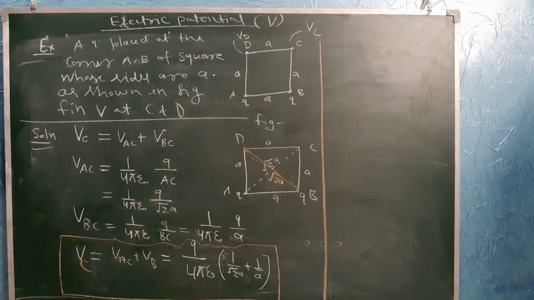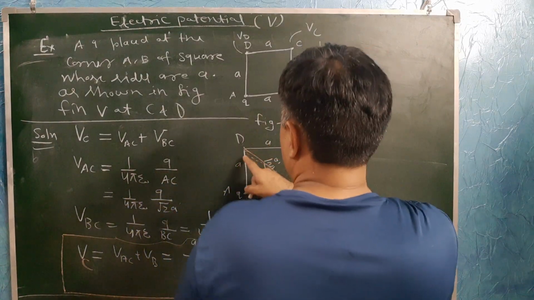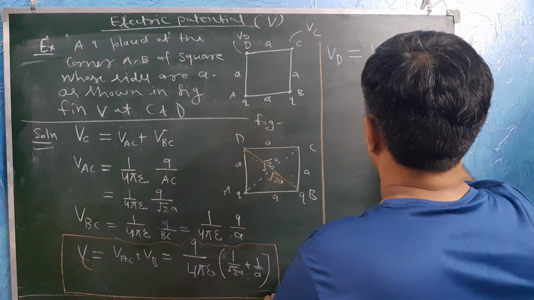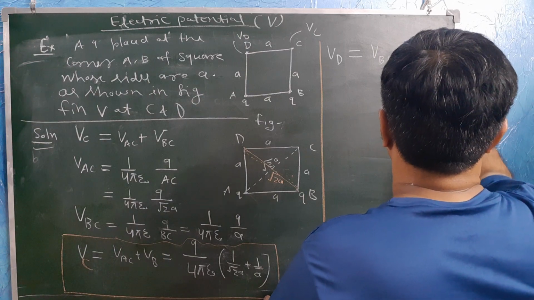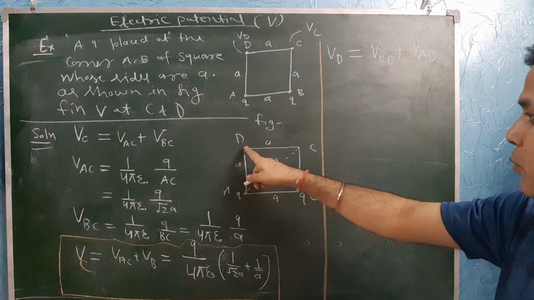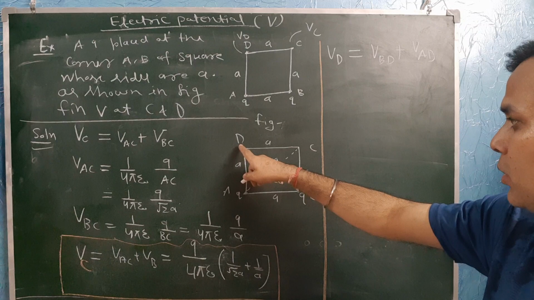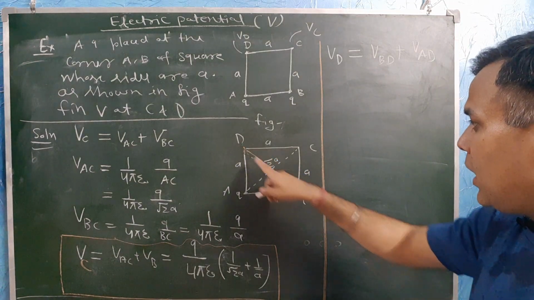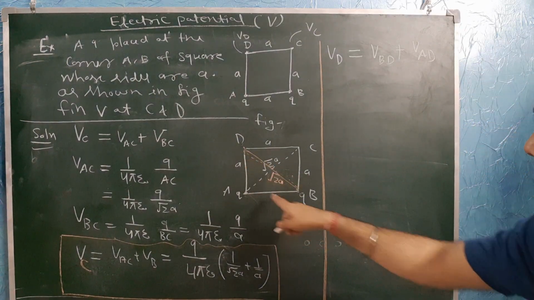We can find out the potential at point D, which is VD. Again, this VD is simply the potential due to B plus the potential due to A. If you want to find the potential at point D, we find the potential at point D due to B and due to A. So this is VBD and VAD.